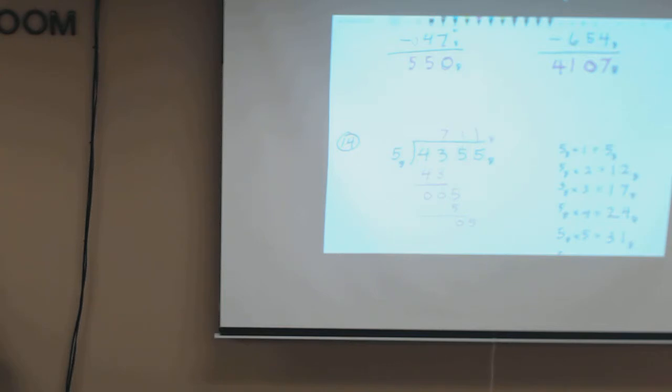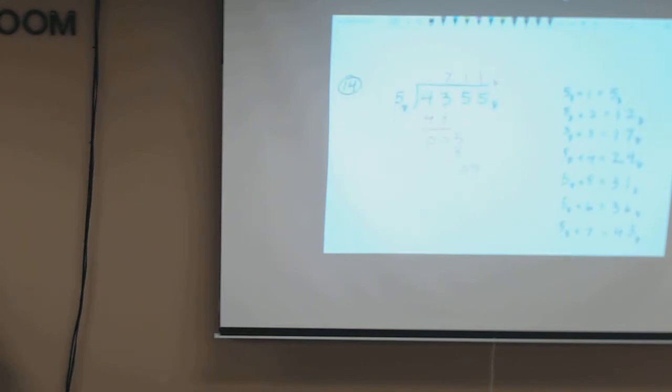I don't know if anyone taught you this when you were learning long division, but the best way to keep from getting really frustrated with it is just make up a chart. Let's change colors here. We're dividing by 5, so we go 5 times 1, 5 times 2, 5 times 3. What's 5 times 2?